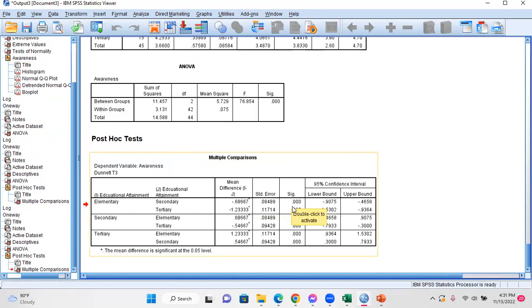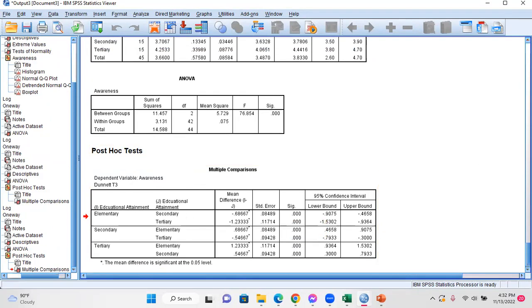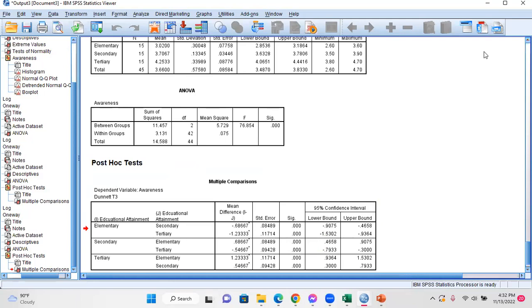So, significant sila lahat. Itong secondary has a mean of 3.7 and elementary has a mean of 3.02.